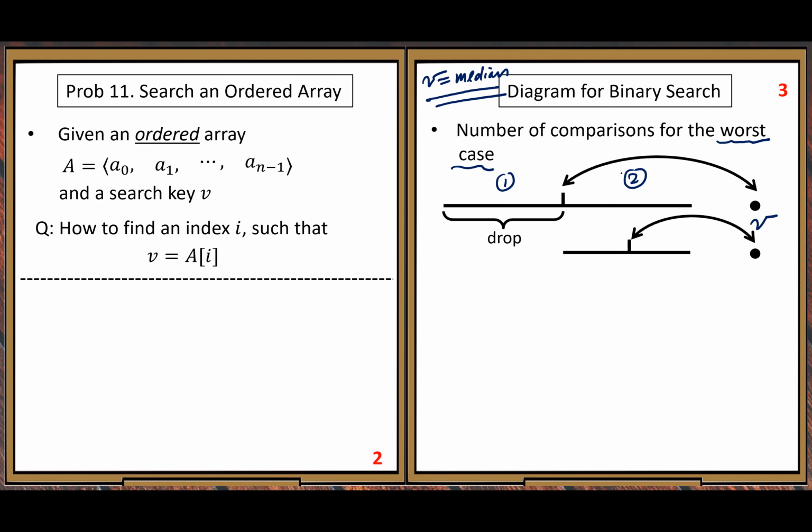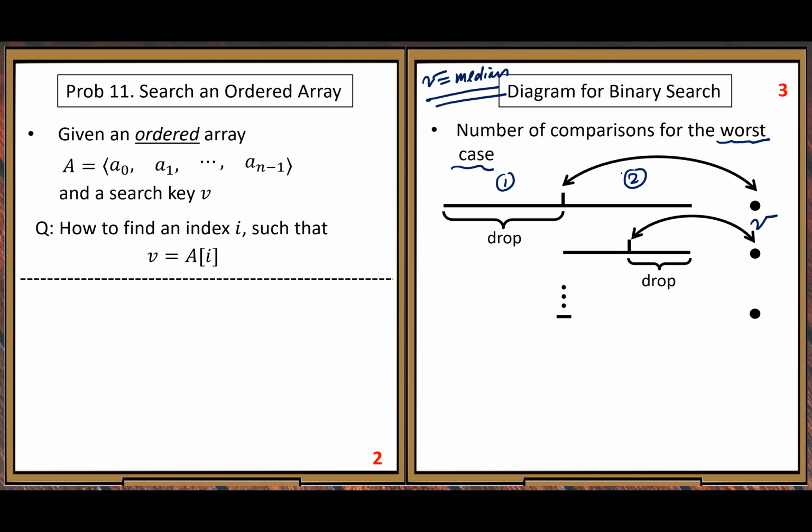The second time, we do another comparison with the median of the current subarray. The result, still, we drop 1/2 of it. And we do this again and again until we get to the last step. We have to stop somewhere, right?